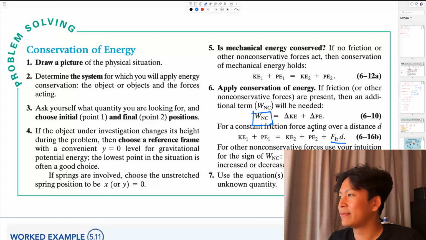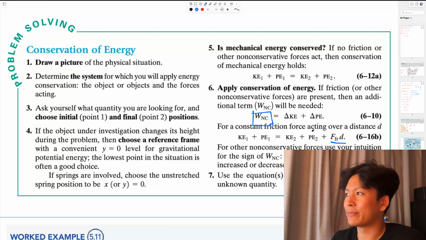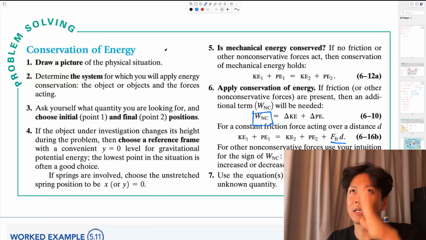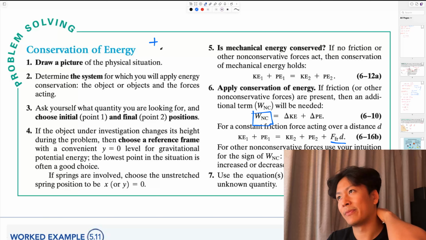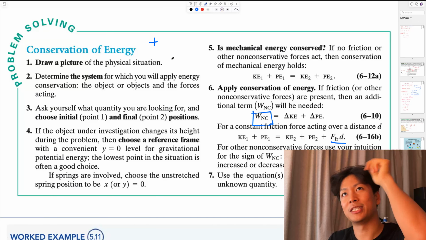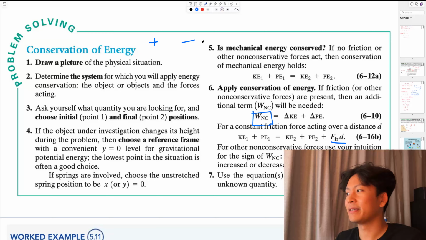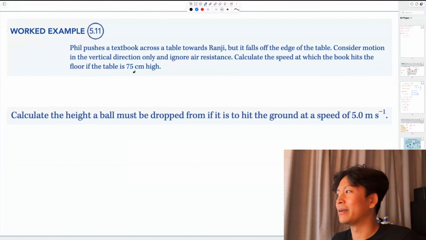For other non-conservative forces, use your intuition for the sign. Is the total mechanical energy increasing or decreasing in the process? If the total mechanical energy is increasing, then the work done can be positive. If it is decreasing, then the work done is going to be negative. Then use the equation to solve the problem. That's the general steps that you should probably follow.